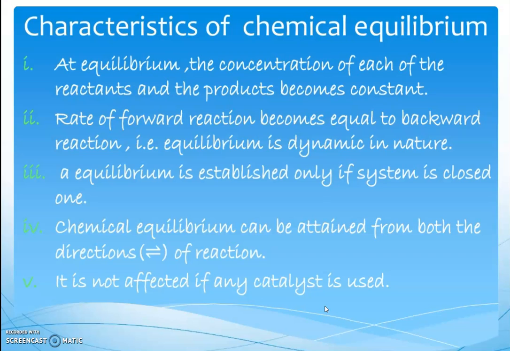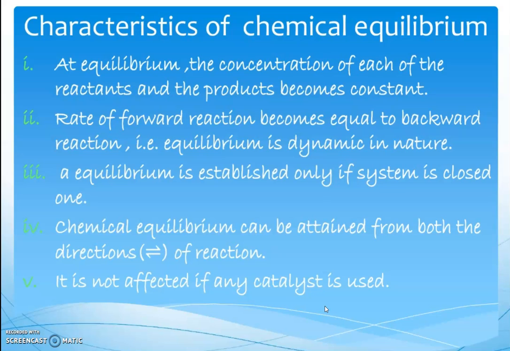Now we'll see the characteristics of chemical equilibrium. The concentration of each of the reactants and products remains constant, and the rate of the forward reaction is equal to the backward reaction. Only then can we say equilibrium is dynamic in nature. It only happens in a closed system, similar to our physical equilibrium.